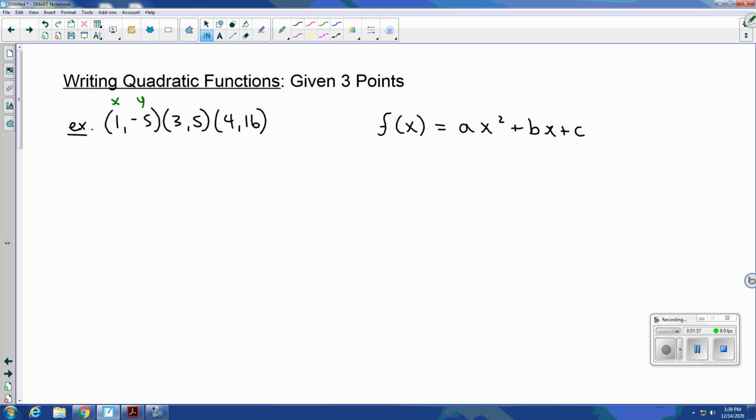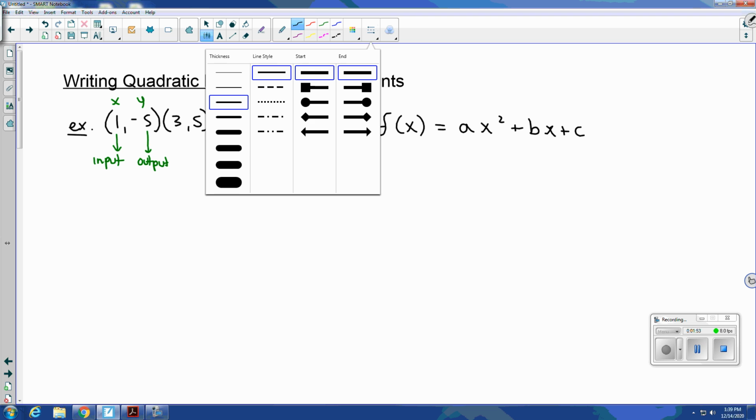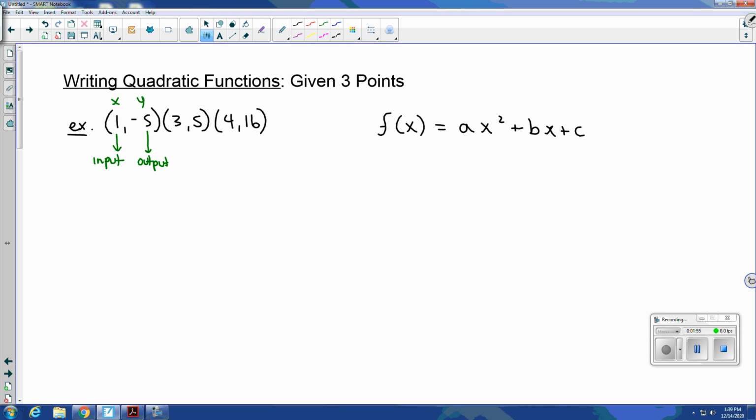When we're dealing with functions and a coordinate related to a specific function, that x coordinate is telling us an input, and the y coordinate is telling us an output for that corresponding input. And knowing that, I can generate some equations based on that.